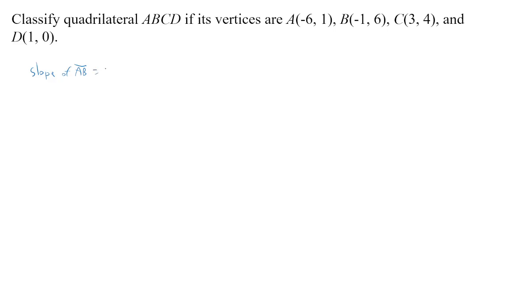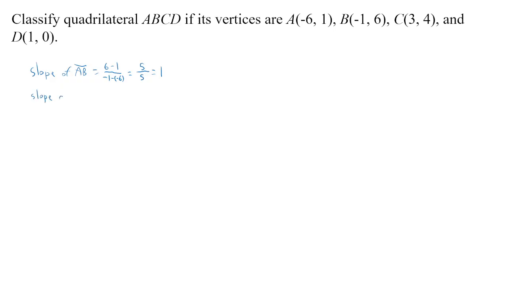This is 6 minus 1 over -1 minus -6. 6 minus 1 is 5. -1 minus -6 is 5. Therefore, the slope of segment AB is 1.